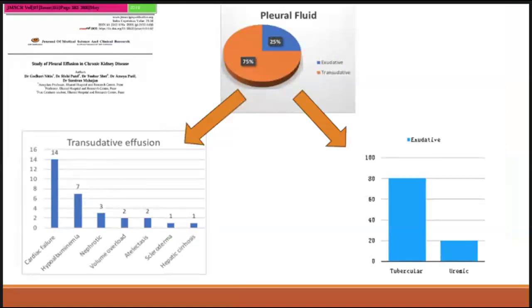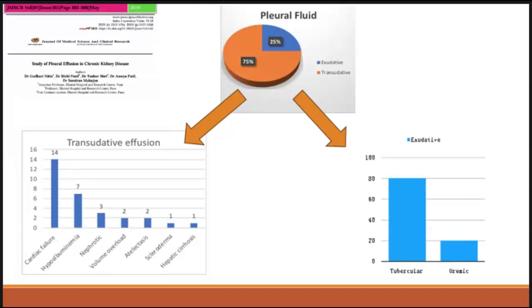And in most of the instances, that is the cause. You can see that many of the causes are systemic causes, not directly related to the kidney per se, or not related directly to the lung. Hence, if the patient doesn't have any significant issues, we can actually manage the systemic cause of the disease rather than doing anything locally.